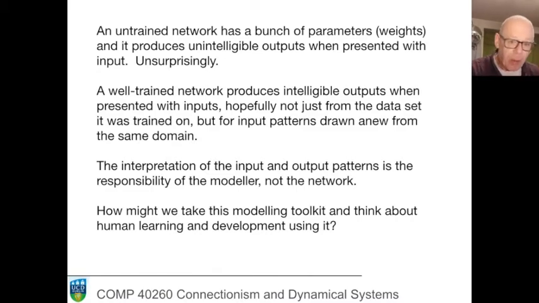Interpreting the inputs and outputs of the networks, as I've been at pains to point out, is the responsibility of the modeler. It is a human activity and not a network activity. You may find it somewhat surprising how indirect that relationship is. That is, what a great deal of work the interpretation of the patterns is doing and how little work the patterns are doing.